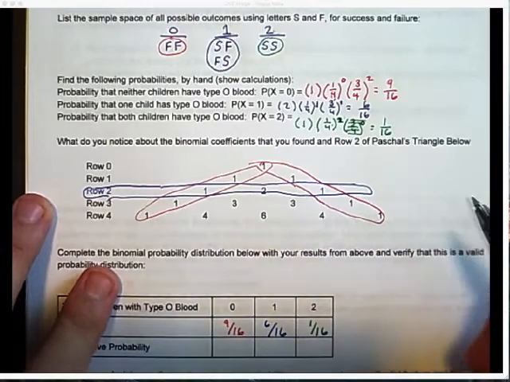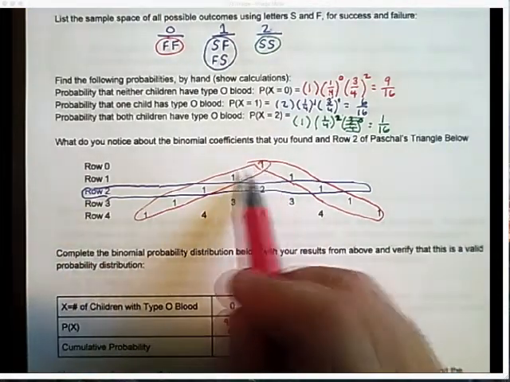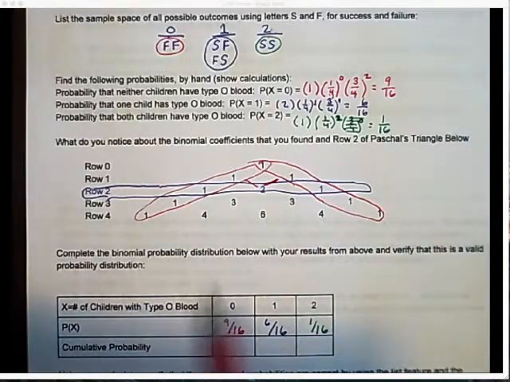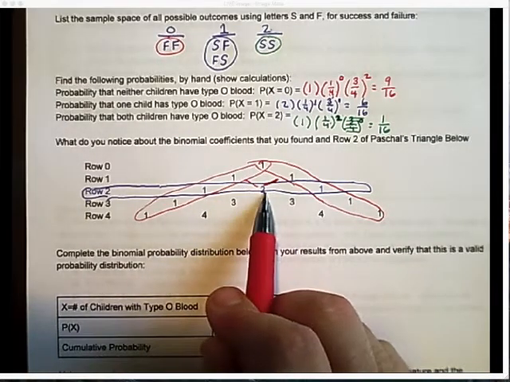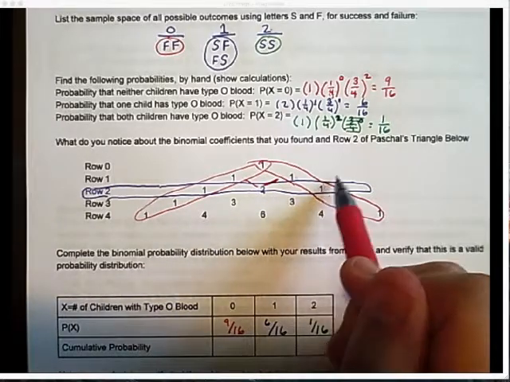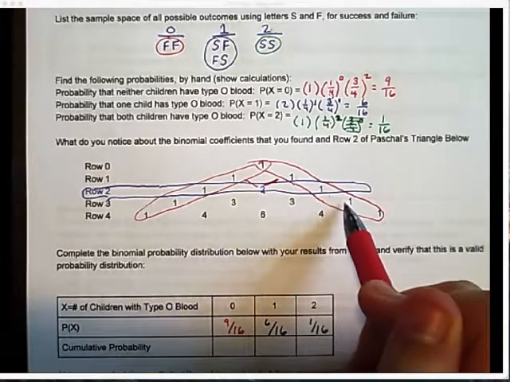Then it becomes pretty easy. After you make row 0 and row 1, you add the 2 numbers together to get the next one. So 1 plus 1 is 2. And then there's nothing out here to add to this 2, which is why 1 just goes down the side.